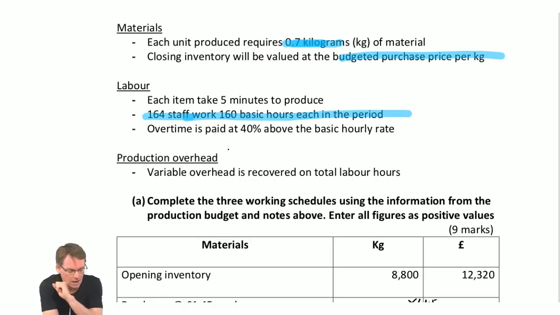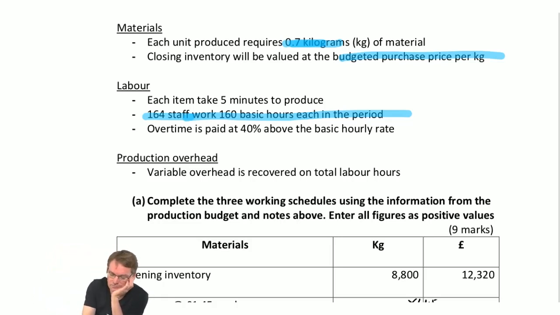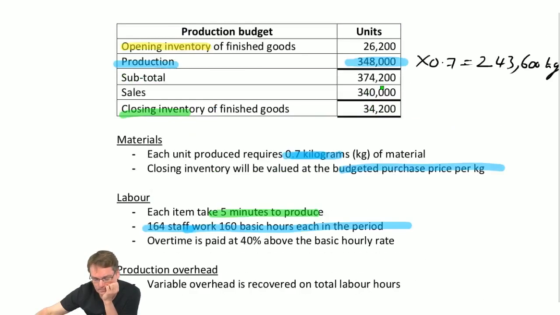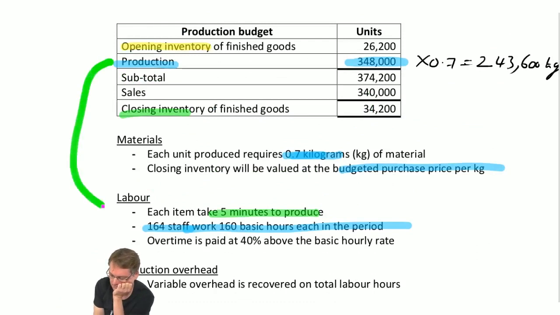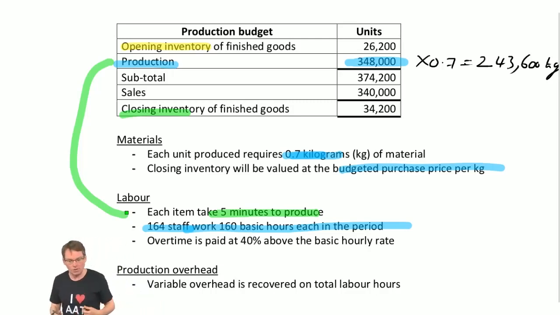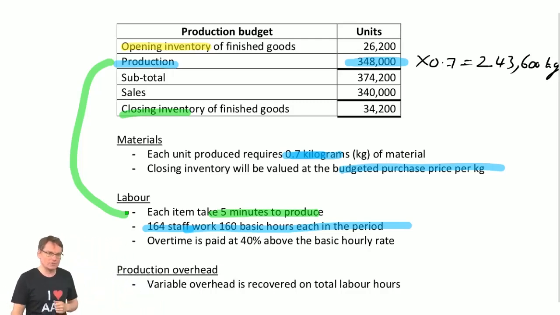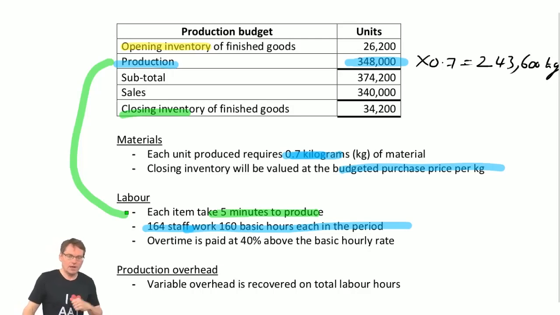But it does tell me how long each item takes to produce. And I also know how many items they produced. So I can actually work it out. I can work out how many hours they must have worked. They made 348,000, and each unit takes 5 minutes.